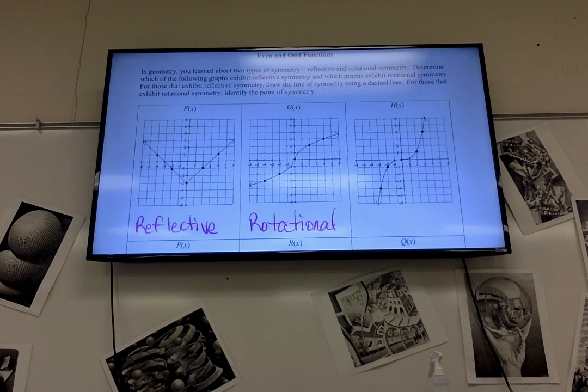So just think, can I fold it and it'll land on top of itself, or do I flip it and it's the exact same thing? It'll be one or the other for these.